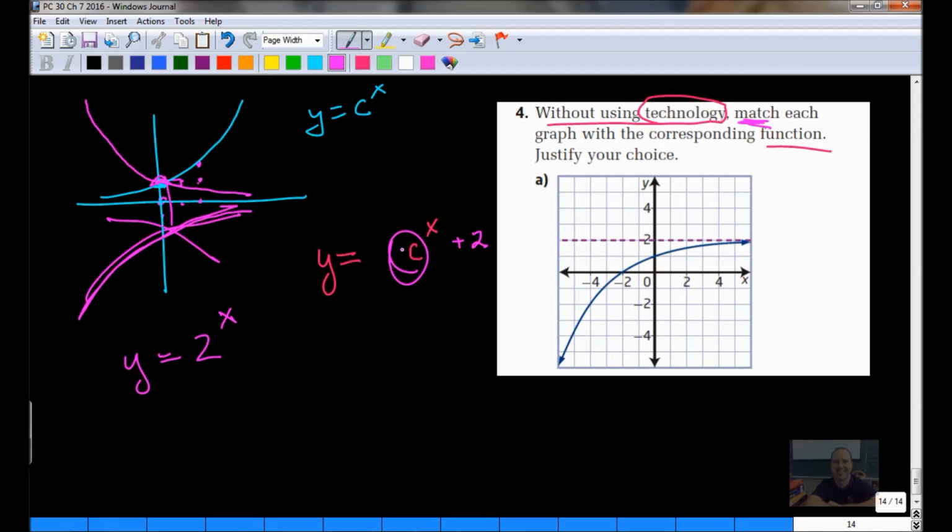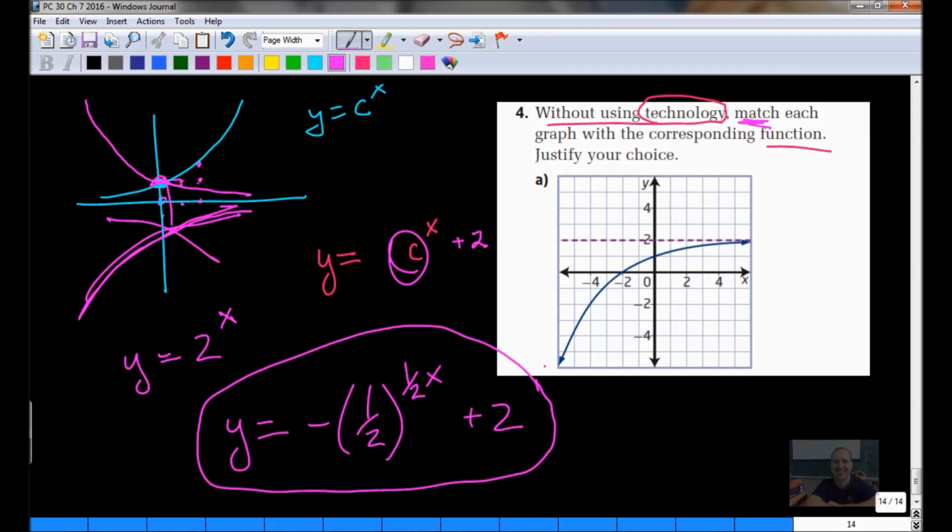Okay. So if I was assuming the c value maybe would be greater than 1, but if the c value is less than 1, that would do this as well to the graph. So yeah, so it's y equals negative 1/2, and then we found out that there was a bit of a horizontal stretch, and so that was the equation.